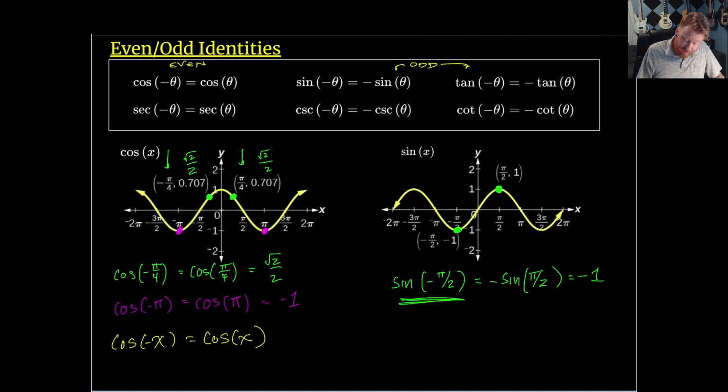So the sine of negative pi over 2 is literally negative 1, and then if we look at the sine of pi over 2, that's positive 1, and then make it negative, we get negative 1 either way there. So we can see that the sine of negative pi over 2 is equal to the negative sine of pi over 2.